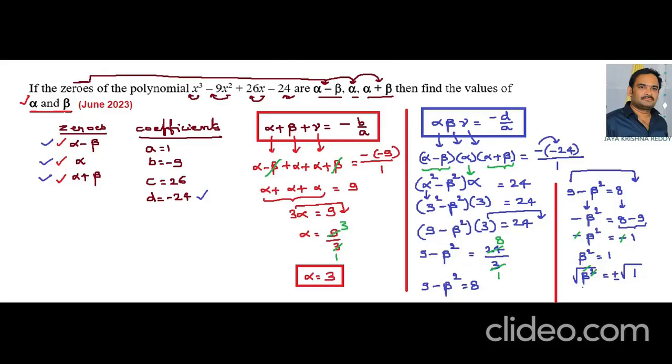So the remaining is beta equals plus or minus root 1, which means 1. That means the beta value is plus 1 or minus 1. So alpha equals 3 and beta equals plus or minus 1.